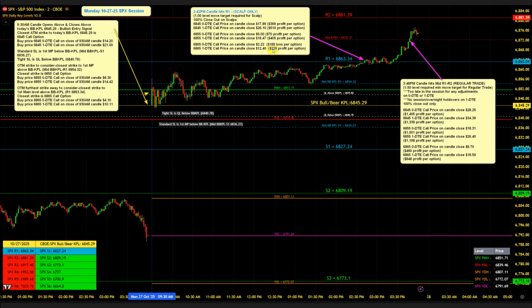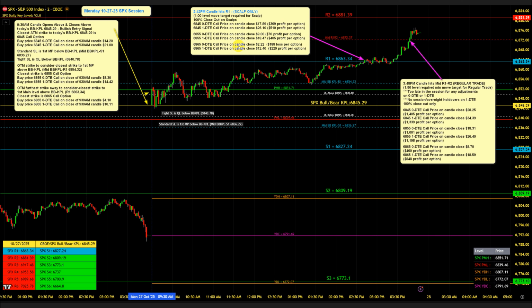Here you have a $229 profit. So that's about a $400 difference. So as you can see here, this is a stark example that if we're in a situation like this where the move is delayed until very close to the end of the session, the 1 DTE is still fine versus a 0 DTE.